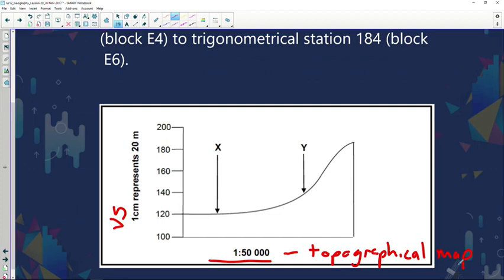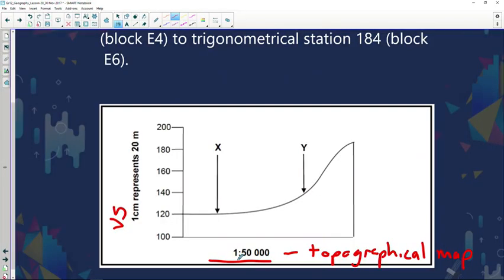Now, if the cross section was drawn on the orthophoto, the horizontal scale would have been 1 to 10,000. But it's 1 to 50,000 because he used the topographical map. And your vertical scale is your vertical line representing the height. So in this case, 1 centimeter represents 20 meters.